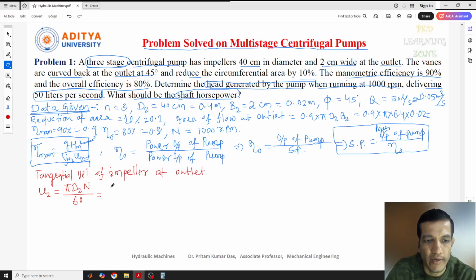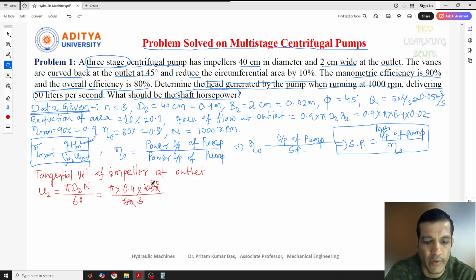So we can write pi into d2, which is given as 0.4, and n, which is given as 1000 rpm, divided by 60. Cancelling, 50 into 0.4 will be near about 20, so 20 into something will be there.